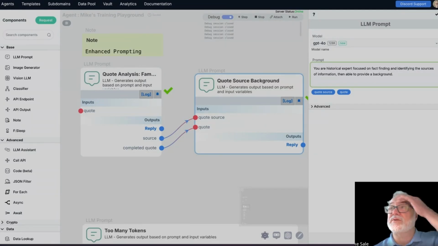So that's one thing we've done here: we've given this particular LLM a role, saying here's who you are. You're a history expert. Focus on fact finding and identifying sources of information, find background, because that's what we want this to be, right? We're looking for the LLM to act like that.